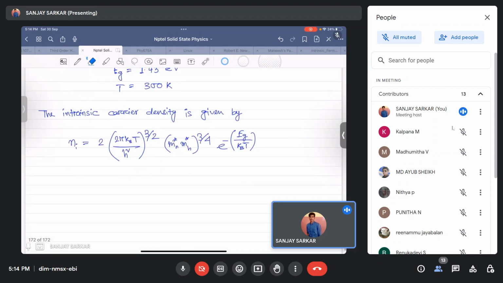In the question, mn, mh, Eg and temperature are all given, and the rest of the things are constants. So you know that h equal to 6.626 into 10 to the power minus 34 joule second, and k_B is equal to 1.38 into 10 to the power minus 23 joule per Kelvin.